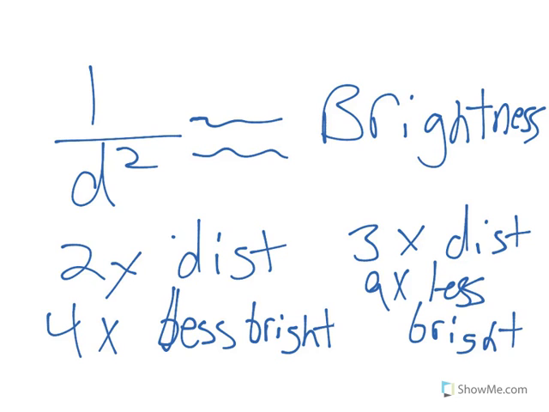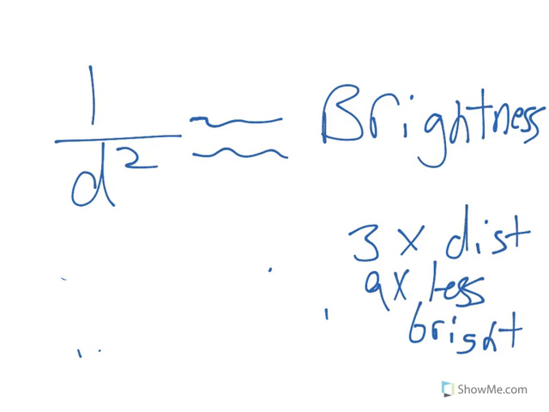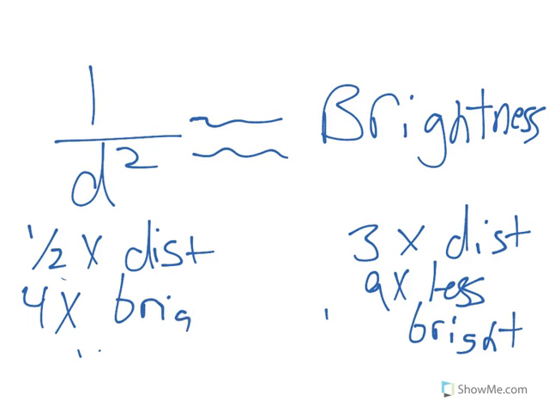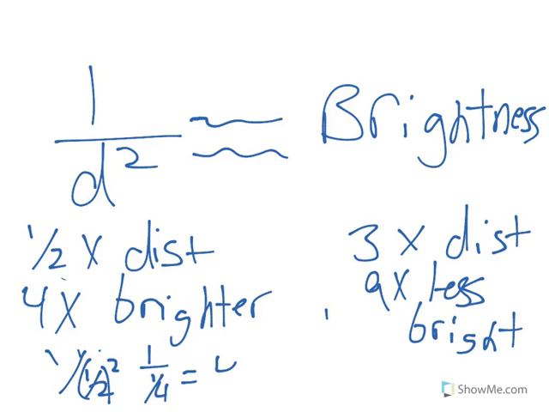Alright? But don't forget that if you are half as far away, you are 4 times brighter, because it would be 1 over 1/2 squared, or 1 over 1/4, which is equal to 4 times.